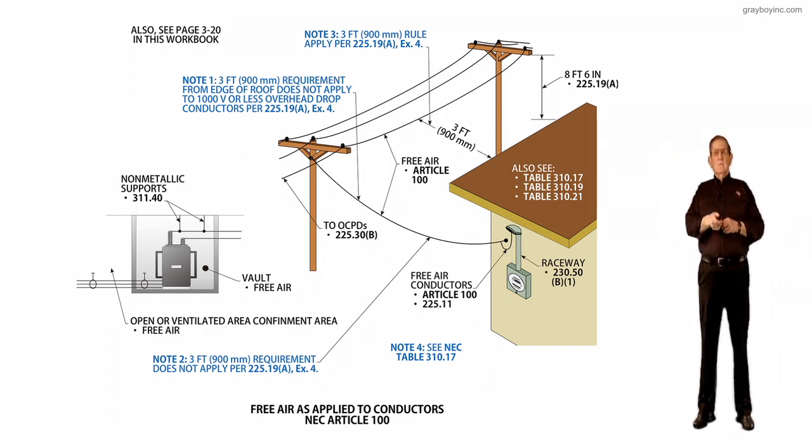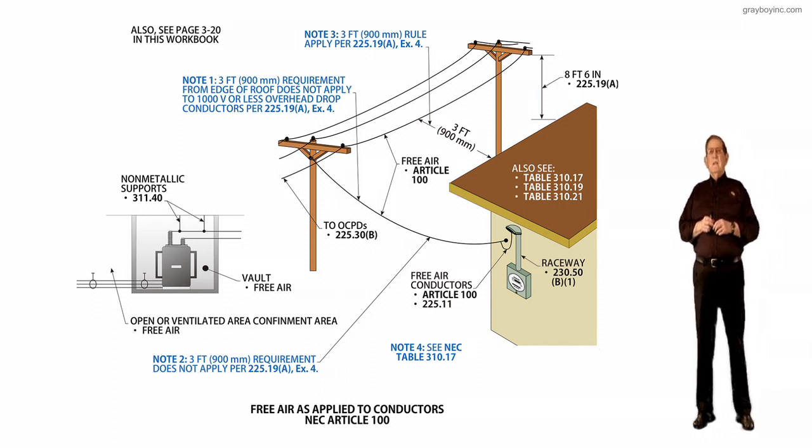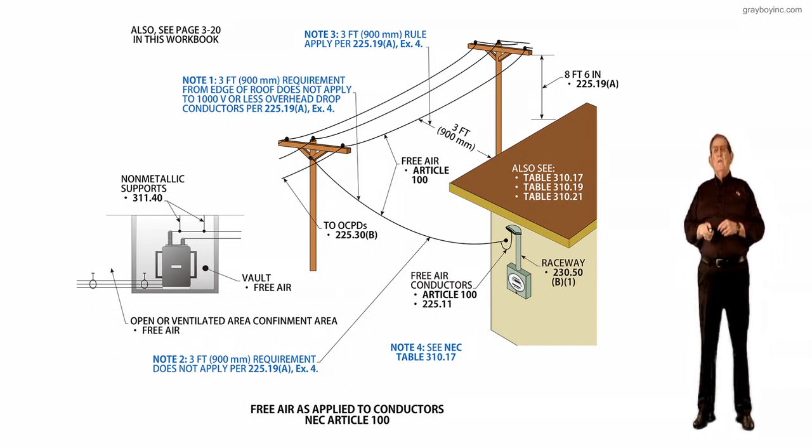Then notice, free air, you could use the free air, but if these were in conduit, now you're going to have to compare. After you derate here, would they still be okay to be free air calculated there? So we would go to the open or ventilated air confinement area that is considered free air.